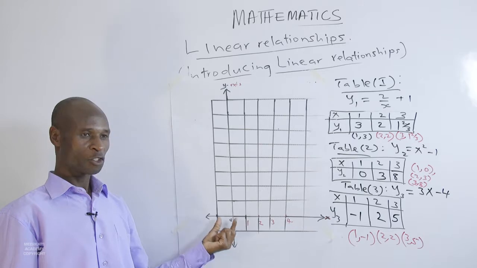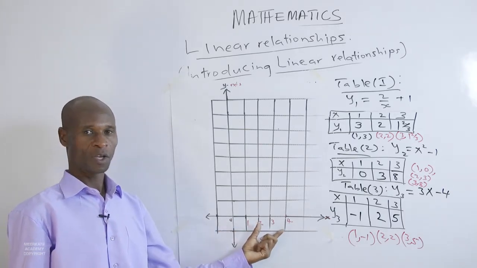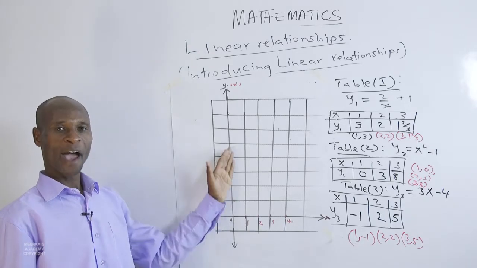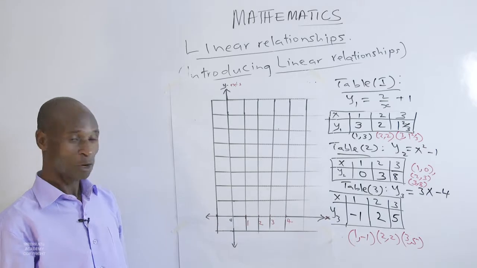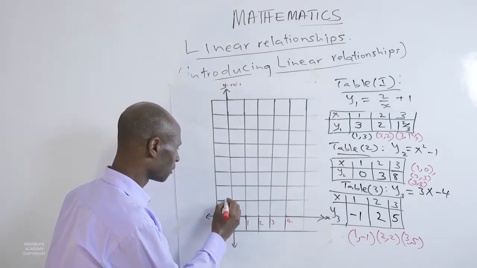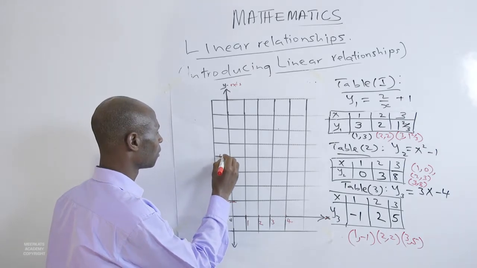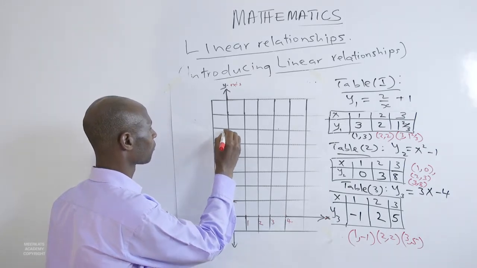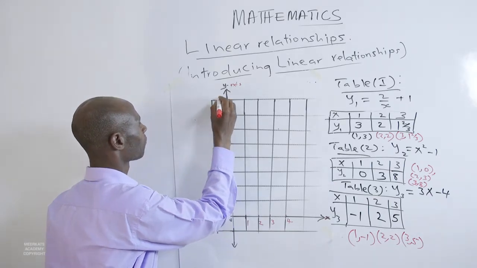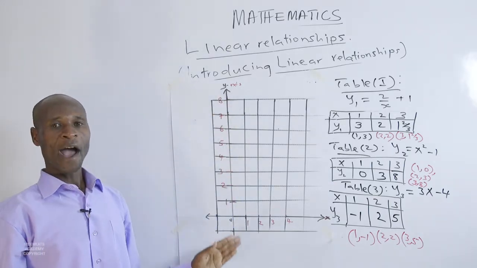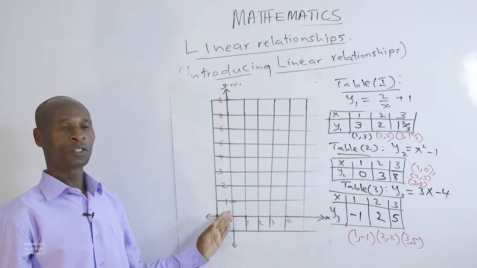That means we have chosen interval 1 for the x-axis. We do the same for the y-axis and use the same interval 1 as follows. So for the y-axis, our values are ranging from 0 to 8.